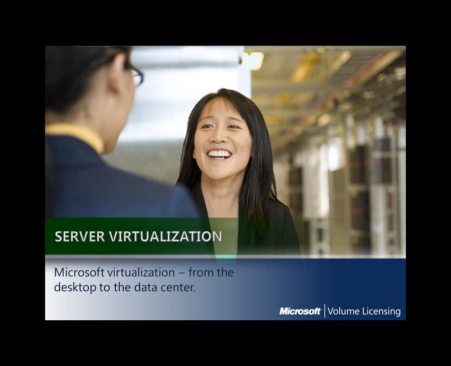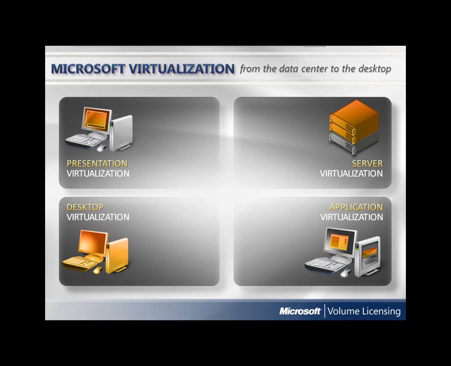Let's look at the components that make up the Microsoft virtualization story. The Microsoft virtualization technologies really do go right across an organization, offering 4 main areas of functionality. First of all, there's server virtualization, which allows you to create virtual servers, helping you make better use of your physical hardware. Then there's application virtualization, which helps to combat application complexity, allowing applications to run completely isolated from one another.